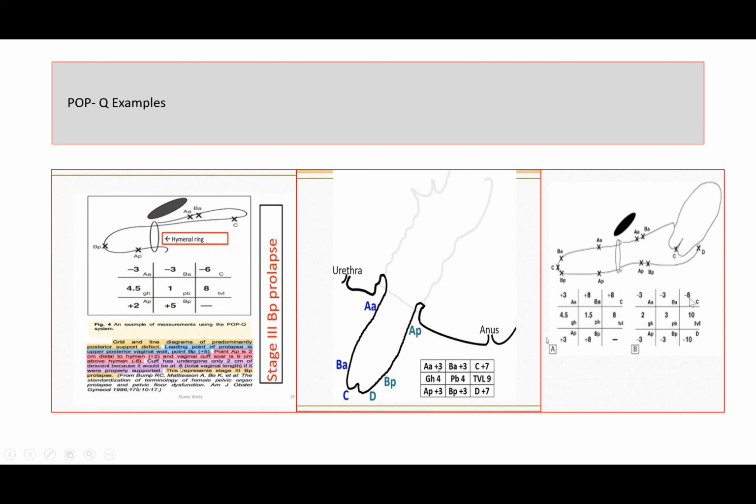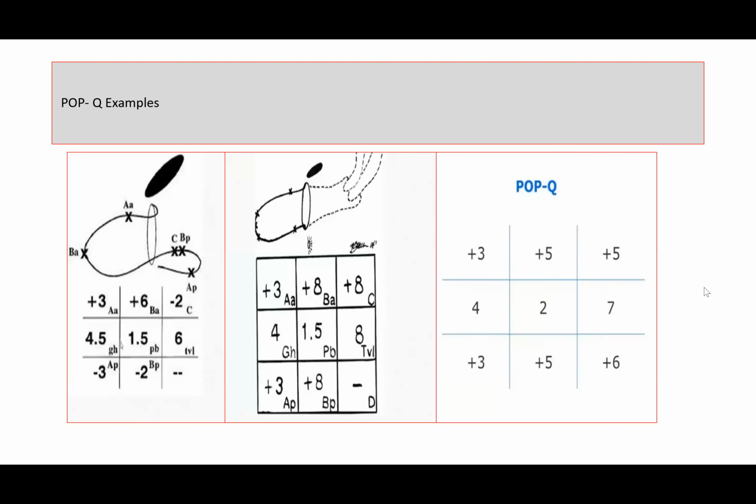C is minus 8. It is TVL minus 2, so it is minus 8 centimeter. Normal length of the TVL is 10 and D is also equal to TVL. So it is minus 10. So this is the normal grid. And in this there is prolapse. Okay. I hope you people are able to understand.